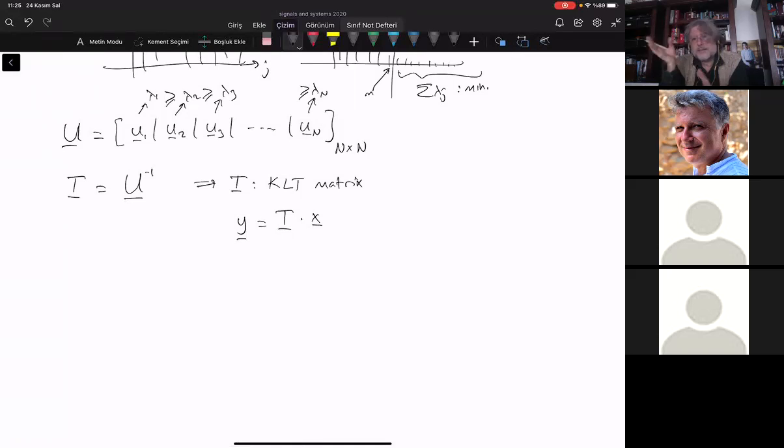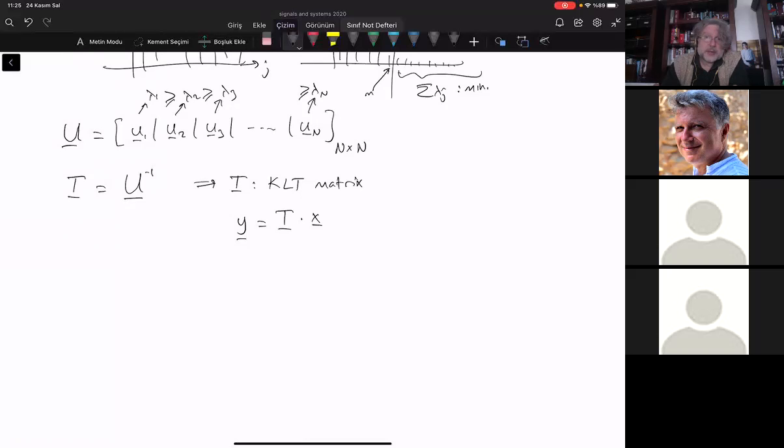If you have a different autocorrelation Rx, then it will give you different eigenvectors as U, and its inverse will be, of course, different.